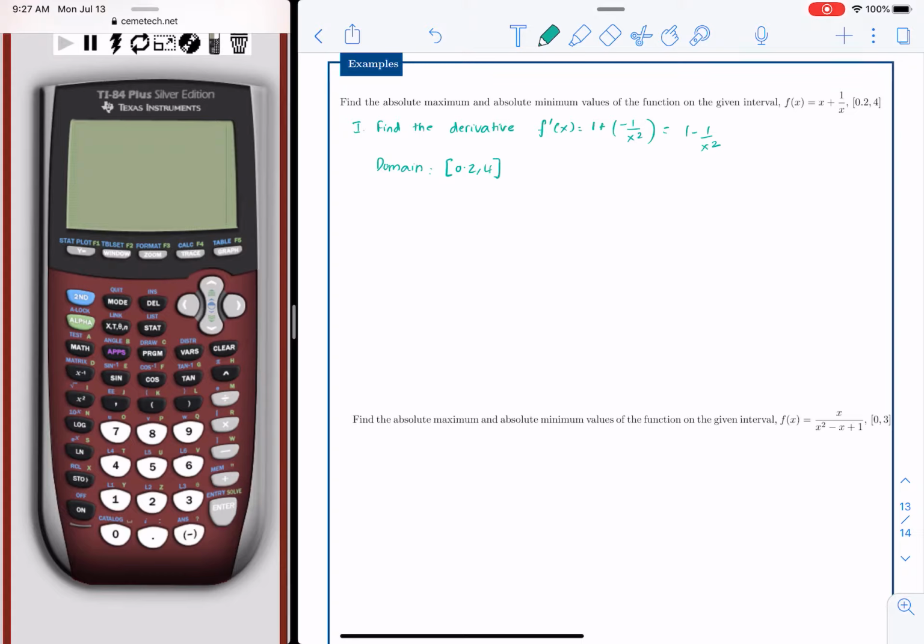So the next step is to find the critical values, or critical numbers. So we find that by setting f prime of x equal to 0 and solve for x.